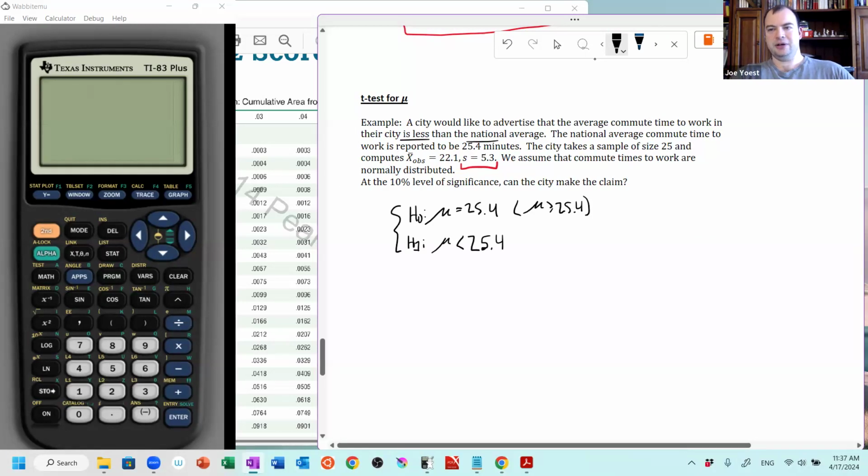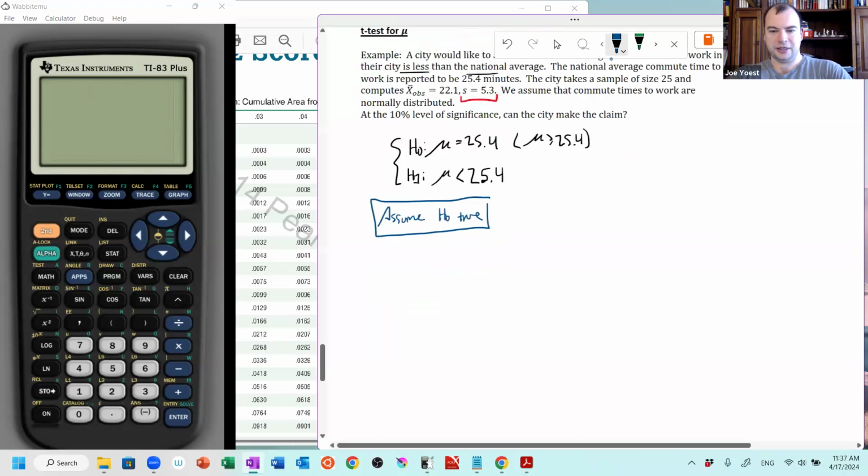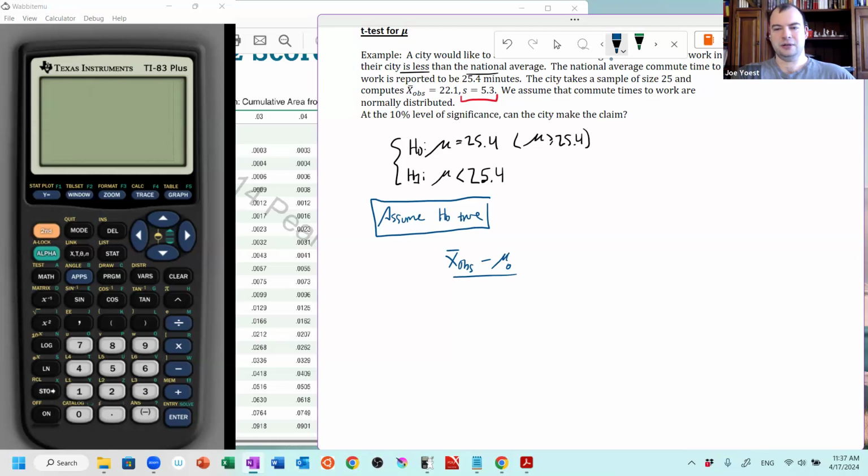Okay, let's take a critical value approach here, critical region approach. So we'll start by assuming H naught is true. And then we can calculate this thing, x bar observed minus mu naught over, not sigma x bar, but s x bar, or x bar observed minus mu naught over s over root n.